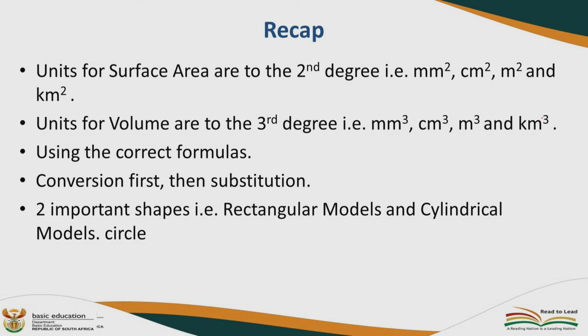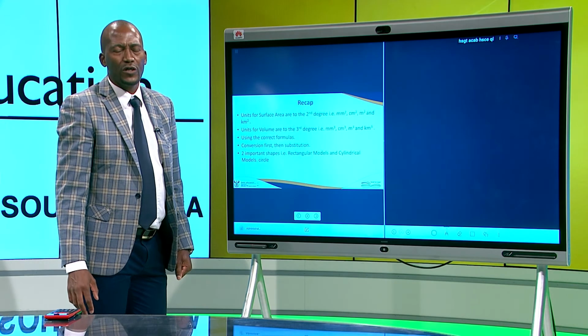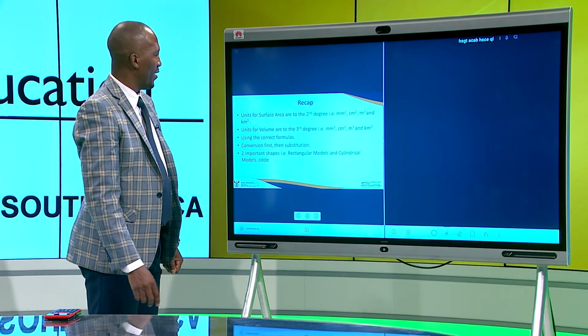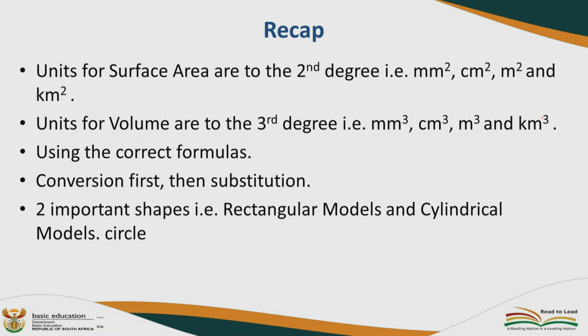Recap again. When we come to the conclusion of our lesson, we are recapping. Point number 1, units for surface area are expressed to the second degree: millimeter squared, centimeter squared, meter squared, and kilometer squared.